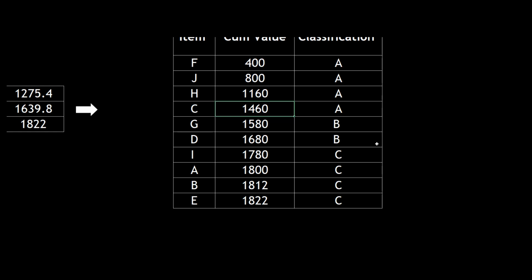For the remaining items I, A, B and E, you can have a less stringent policy, because these items contribute only 10% of the total value of the inventory. So this is your ABC classification. Thank you.